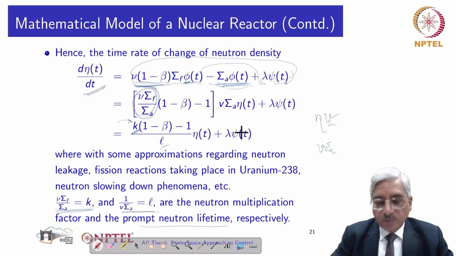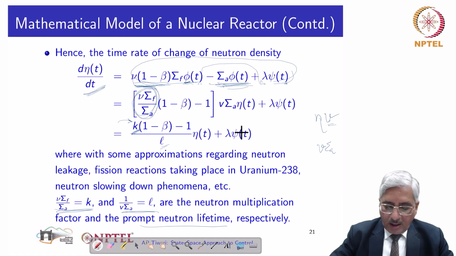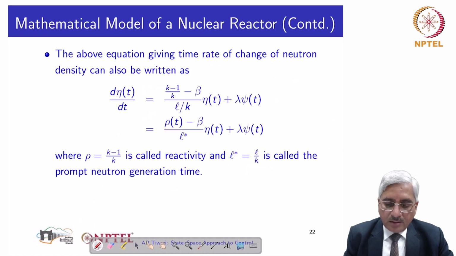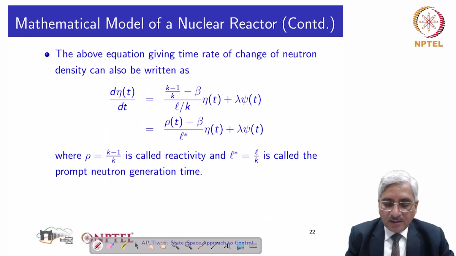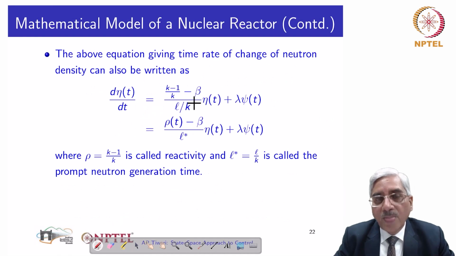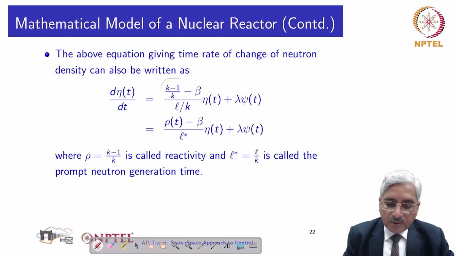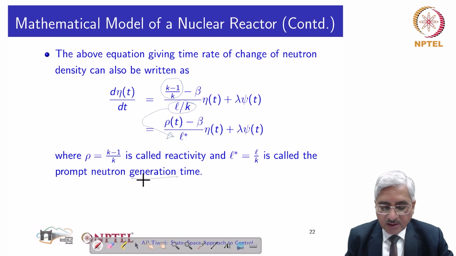So it comes into this form, and with slightly more manipulation, we divide by K, and so this K minus 1 divided by K and minus beta K, that gets rearranged like this, and we get (K minus 1) by K minus beta, divided by L by K. L by K is now called the prompt neutron generation time.